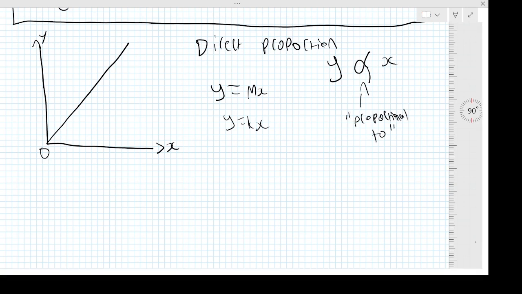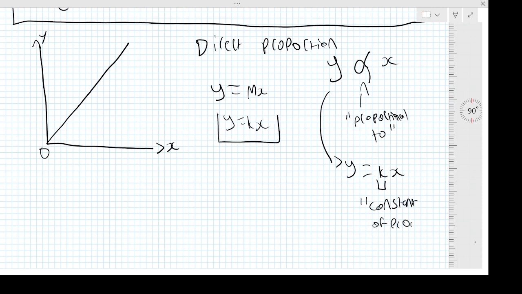And we say y is proportional to x. Now, if y is proportional to x, all this means is that we can say y is equal to kx, and this k is what we call the constant of proportionality. Which is why we can also call this line kx. No matter what letter you put in front, it's the gradient, okay?